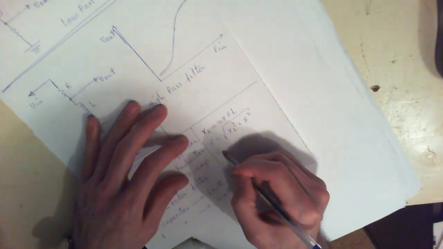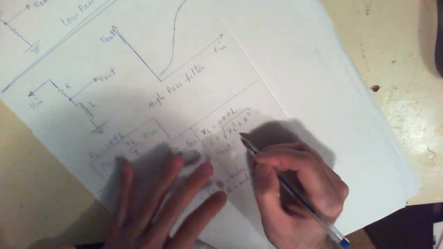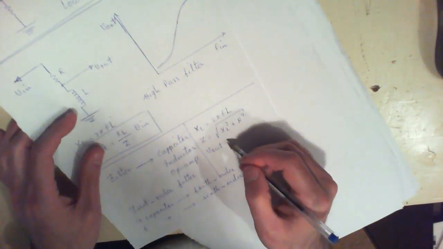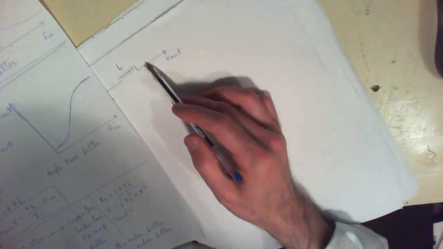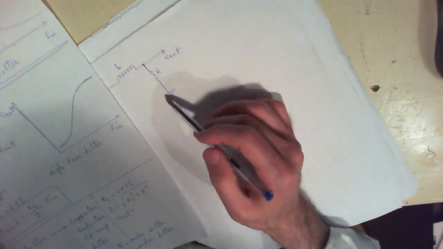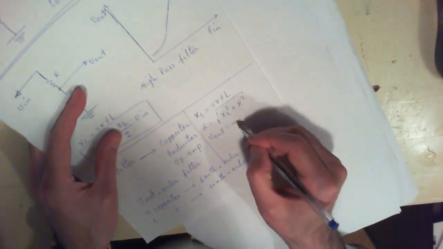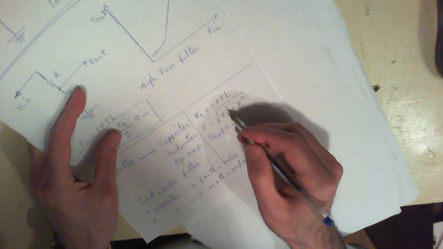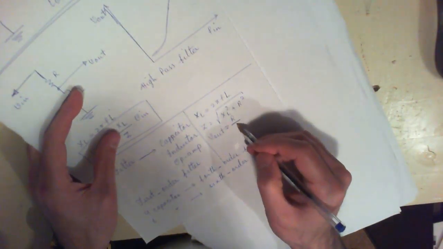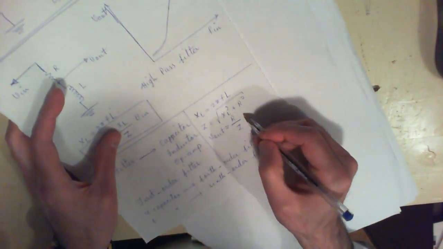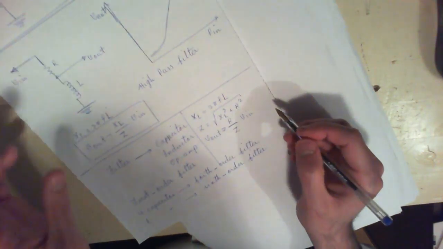Your V of out is the output across the resistor, so it's going to be the resistance of that resistor over the whole impedance in that circuit times V of in.